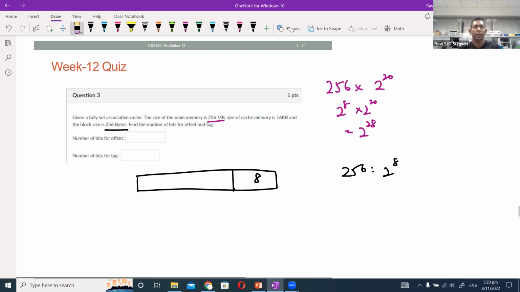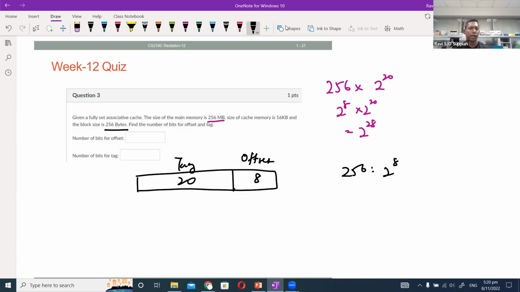The 8 bits is set aside for the offset. Whatever remains is the tag, which is 20. In a fully set associative cache, any entry can go anywhere in the cache, so you only have the tag and the offset.